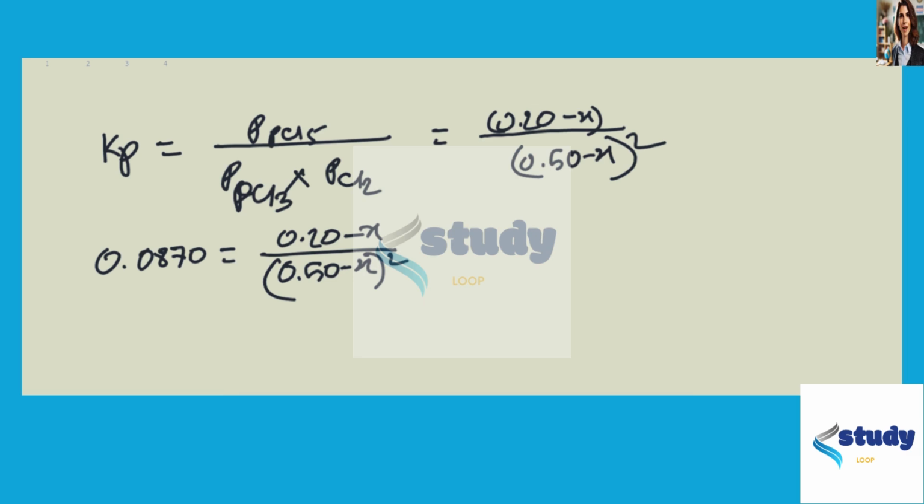If we solve this equation, we get a quadratic equation like this: 0.0870 x squared plus 1.087x minus 0.178.